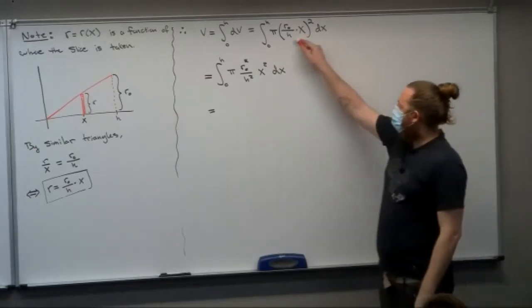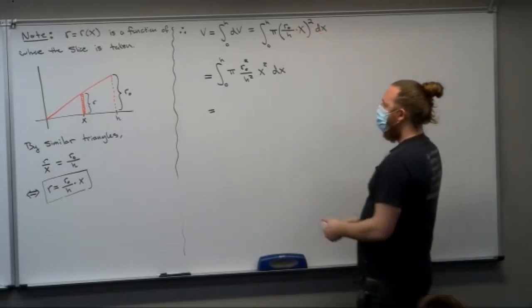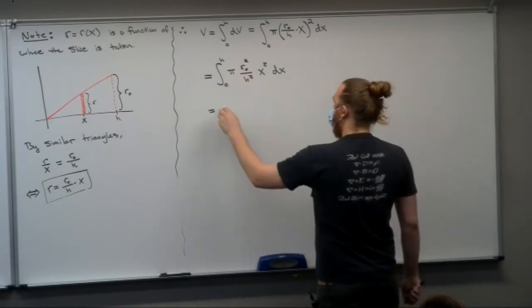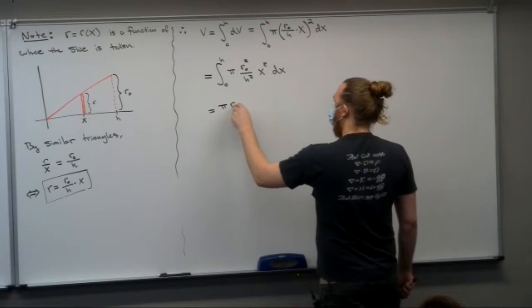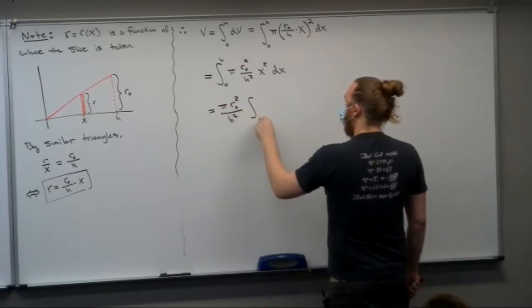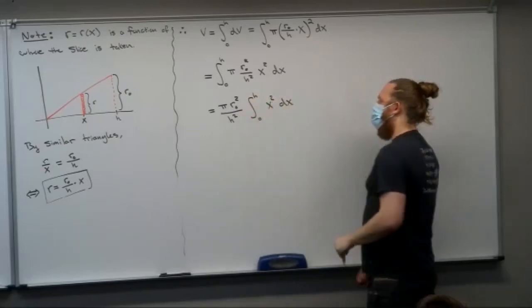It's a product here and a quotient here, so you can just square each of the terms. Now what's going to come out is a pi r naught squared over h squared. And then what's left is the integral from 0 to h of x squared dx.